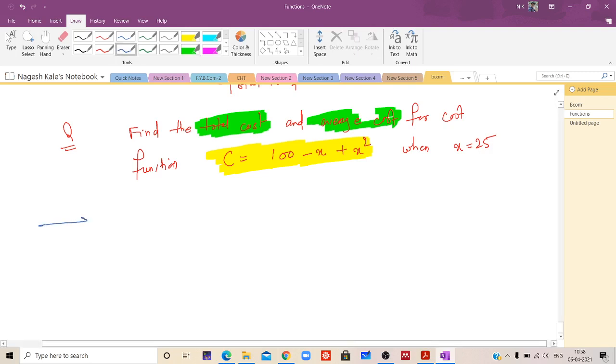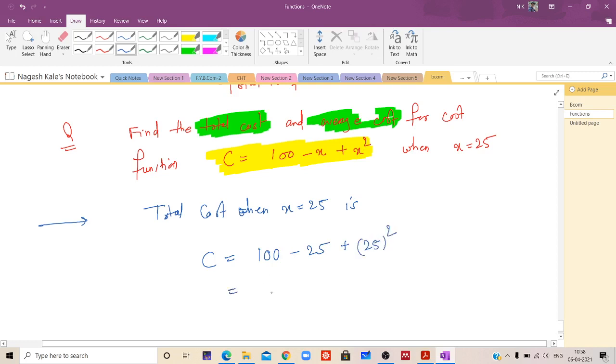First of all, I will calculate the total cost when x = 25. Wherever there is x, just put x = 25 in that place. So total cost will be 100 as it is, minus 25, plus x², so it is going to be 25².